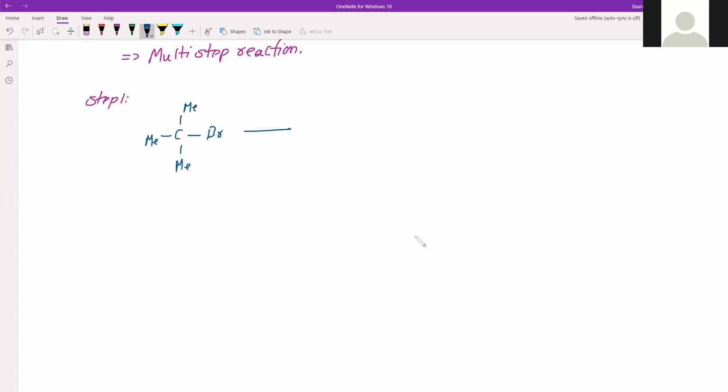In this first step, it actually gives us a carbocation, like this, with a plus sign on this carbon, and this methyl group, and methyl group. And there will be this bromide ion. This is the first step, and this is ionization. So from neutral, you are moving to the ionized form. This is a slow step.